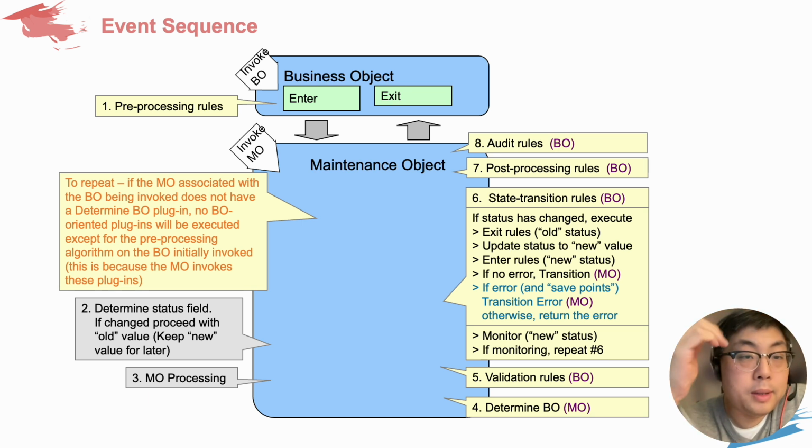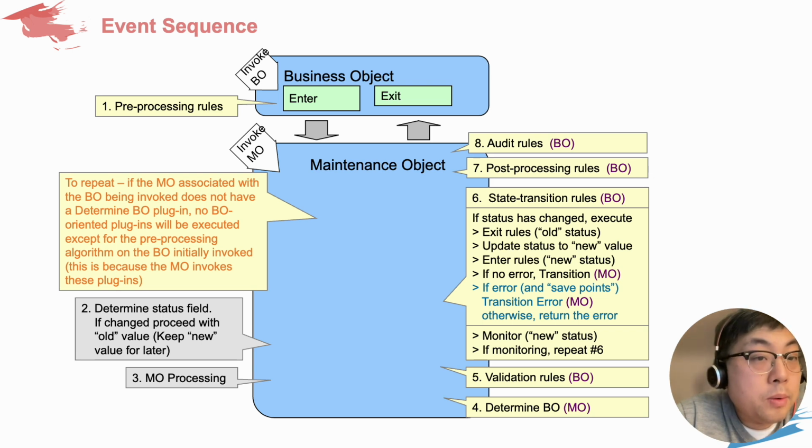I take one example here, which is a business object and a maintenance object. We can define rules on both business object and maintenance object. And I want to let you know what is the sequence of these rules being run at different objects at different system events.